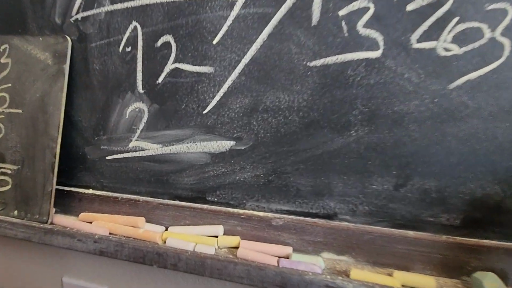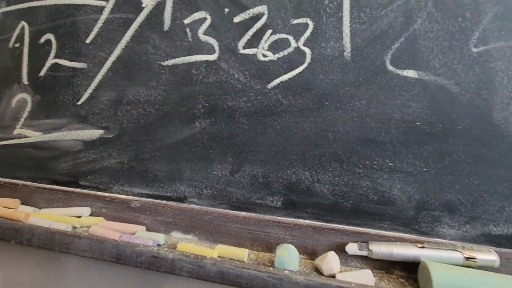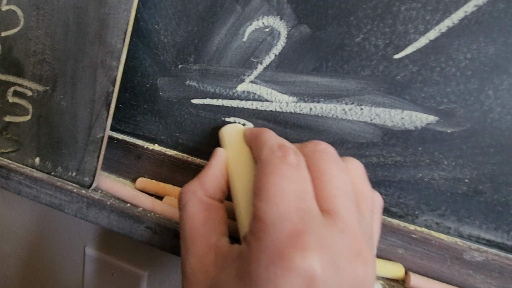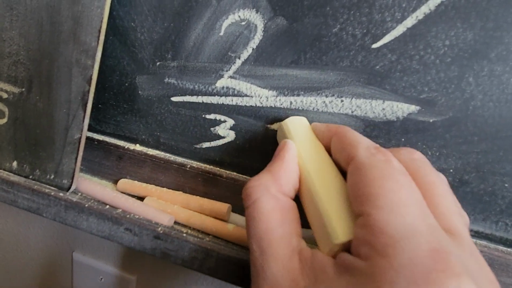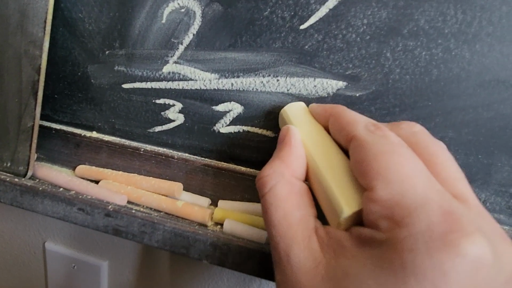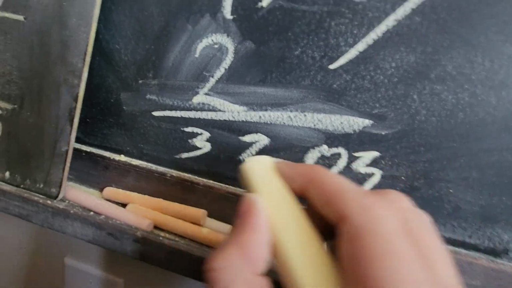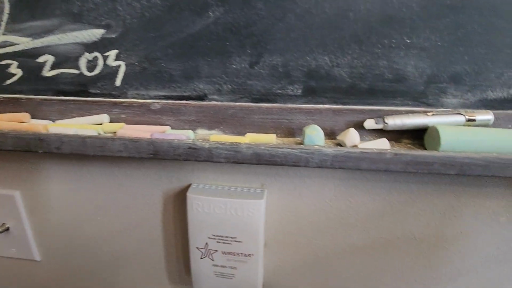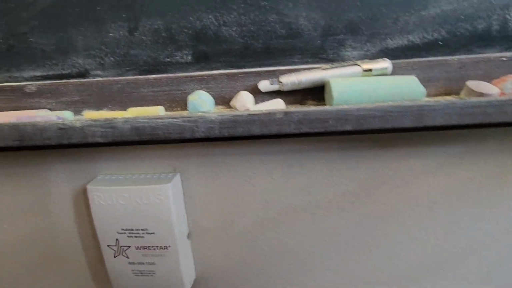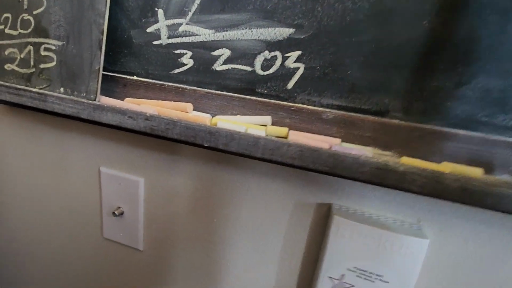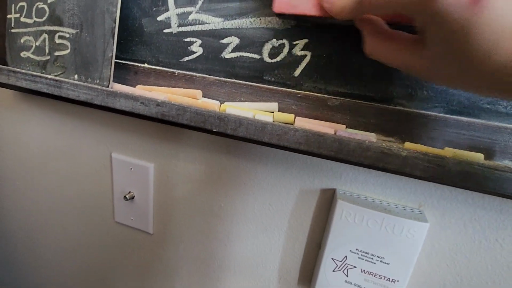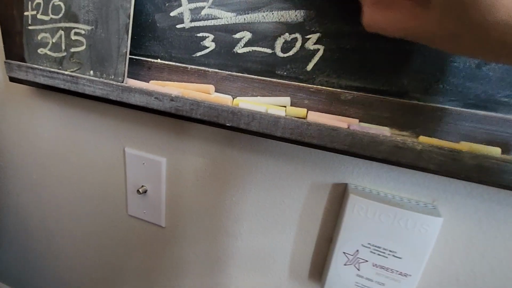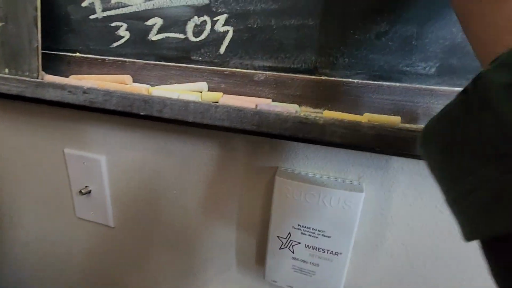Let me see if I could fit the 32 under there. There. That's an addition. So then I'm going to get rid of this subtraction, this thing here. There. Now the board looks cleaner.